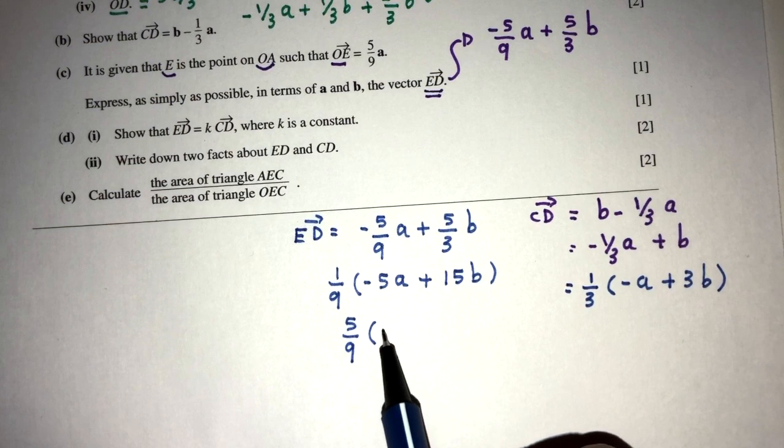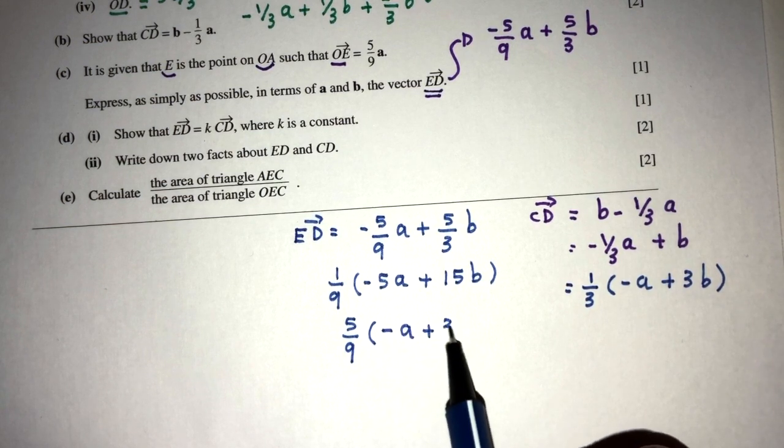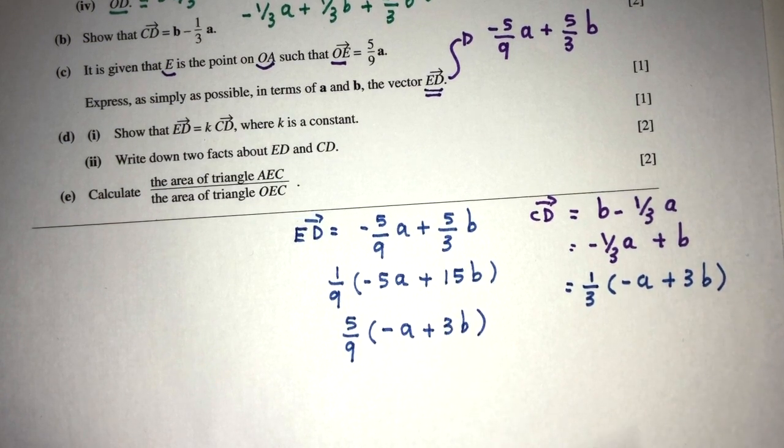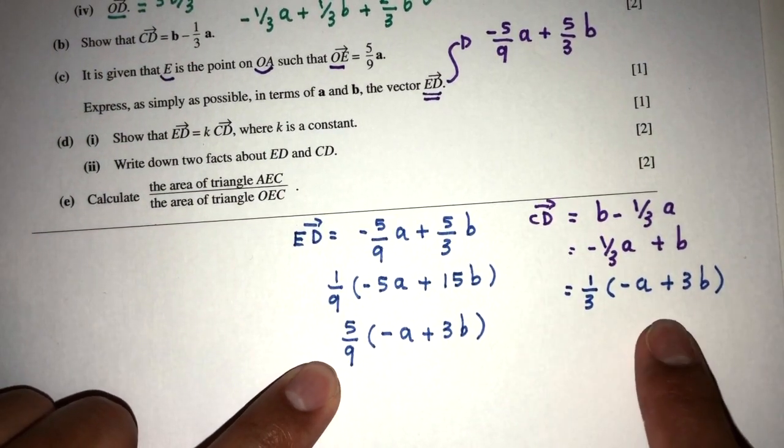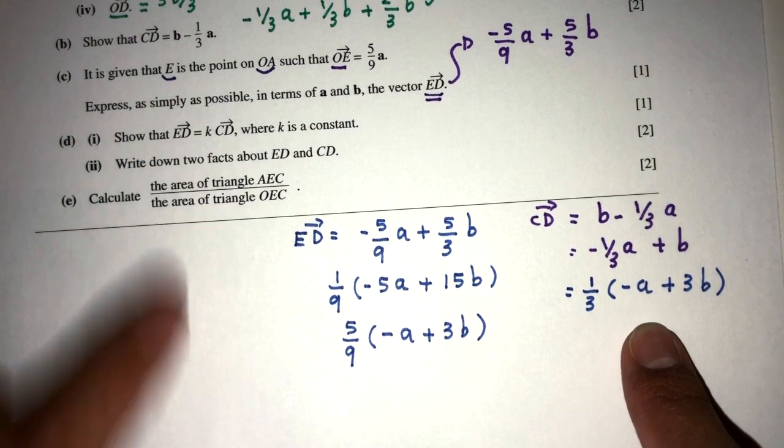That will be minus a plus 3b. So basically now we have, this can be written as this. Now just rewrite this back in the equation.